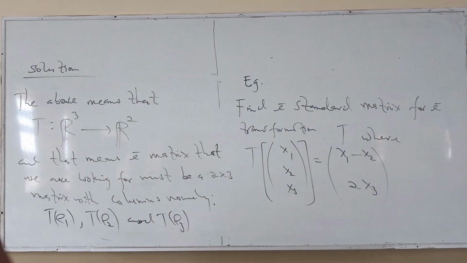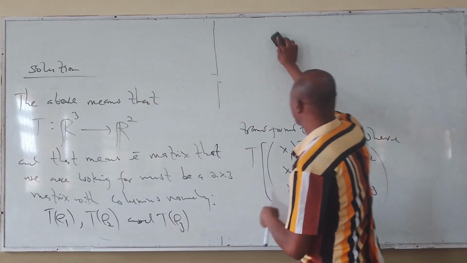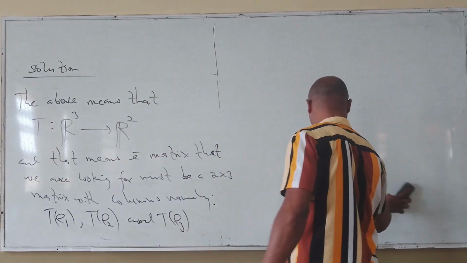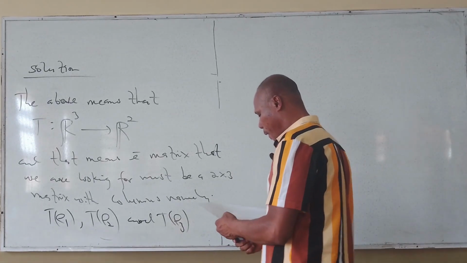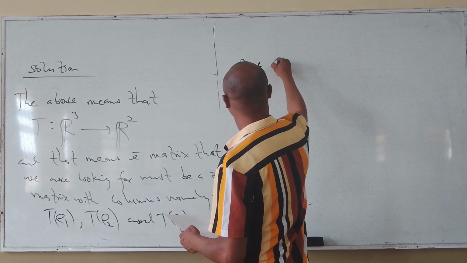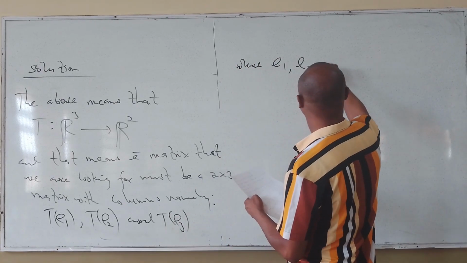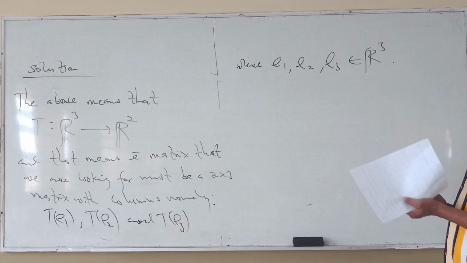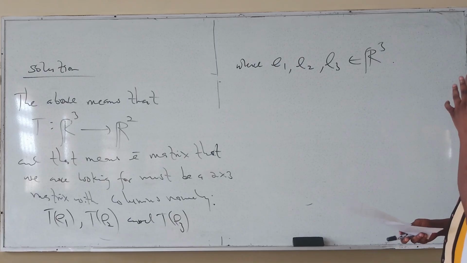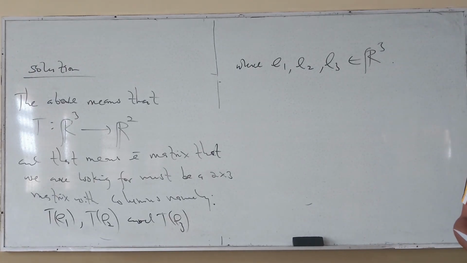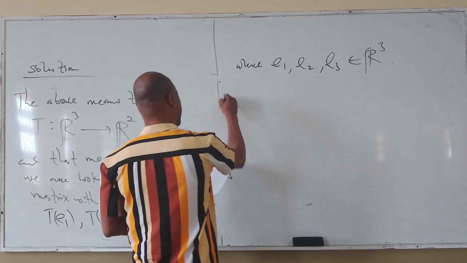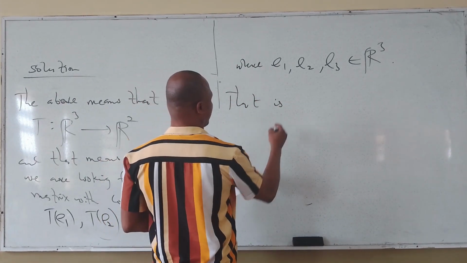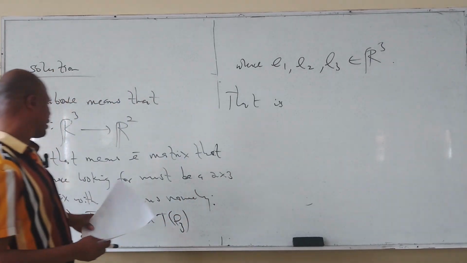Where U1, U2, U3 are members of the domain. That means U1, U2, U3 are in 3-dimensional space.